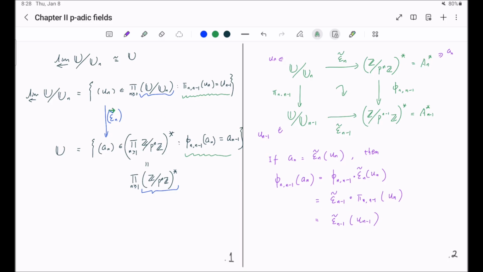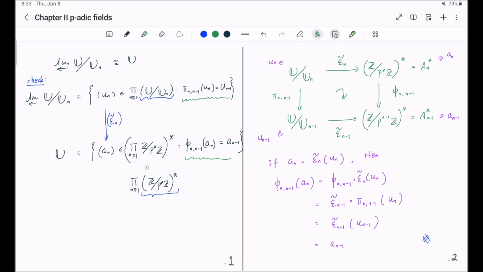And this guy is, from the structure of this map, equal to a_{n-1}. And this verifies the compatibility downstairs. So a_n is mapped to a_{n-1}. And this verifies that the inverse limit of U mod U_n is isomorphic to U.